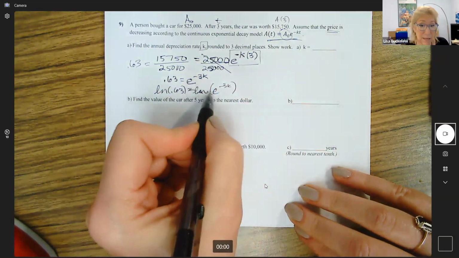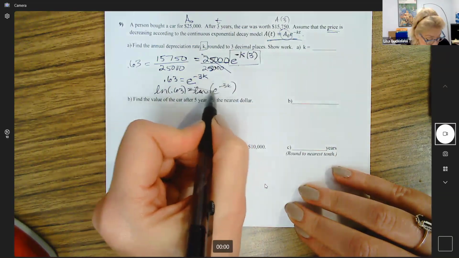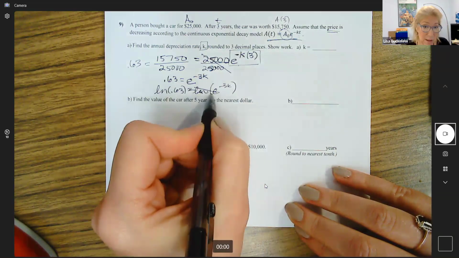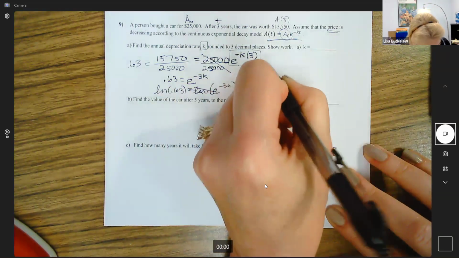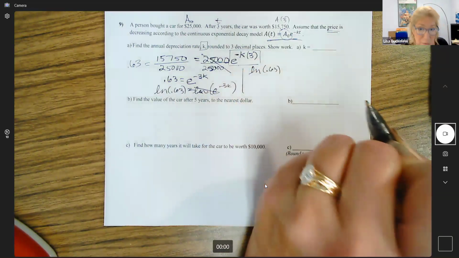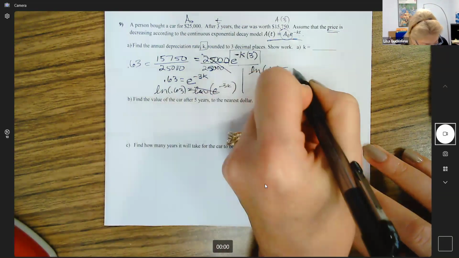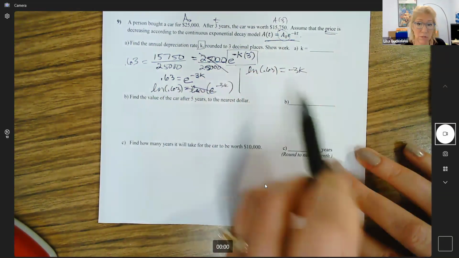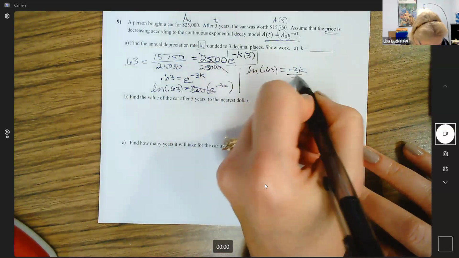And in this case, since it is base e, we don't have to use the power rule to simplify it. We can just cancel the natural log and the base of e. So that means on the next part of our problem, we'd have the natural log of that 0.63 equals, the e and the natural log are gone, it's just negative 3k. Well, we're solving for k, so the last step would be to divide both sides by negative 3.